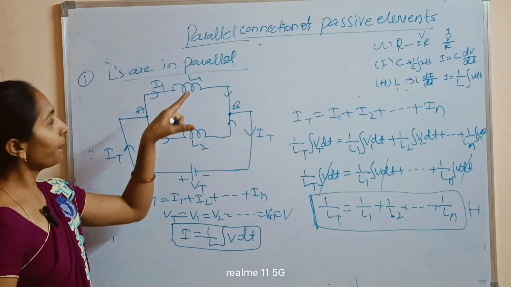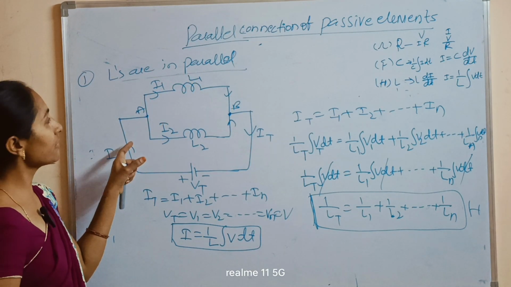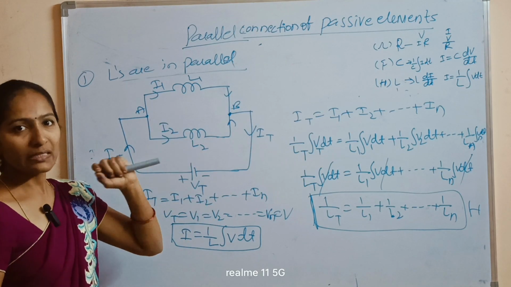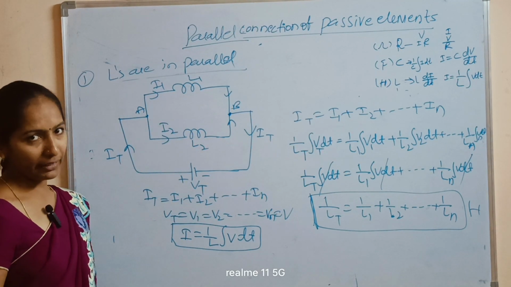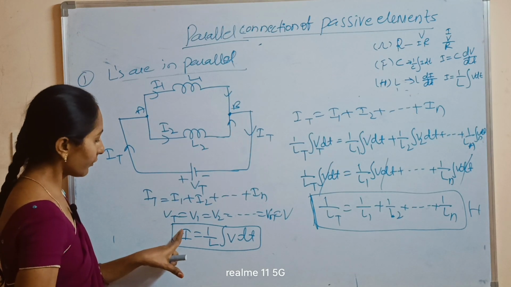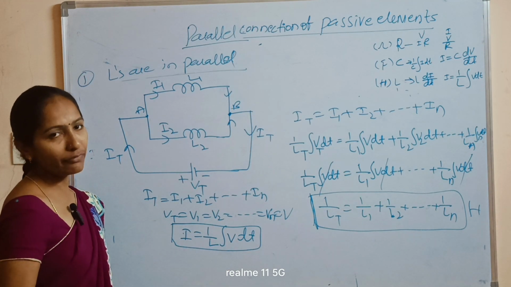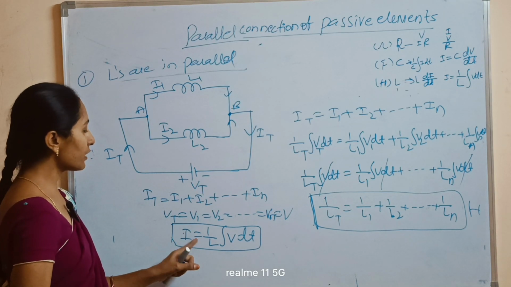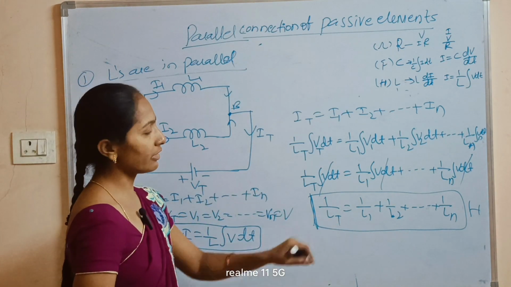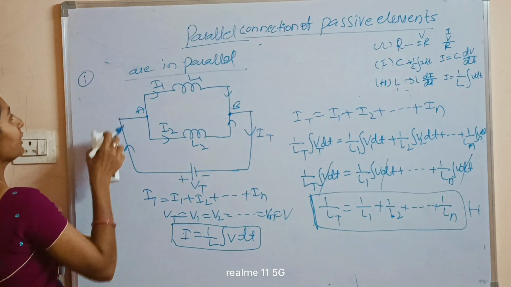Only one main point: in a parallel connection, current is dividing, and voltage is the same in each element. So based on that, I used the formula I equals 1 by L into the integral of V dt. Just substitute this value here, then we get the final expression of inductance. Okay, now inductors are completed.